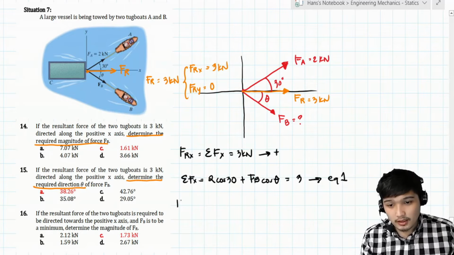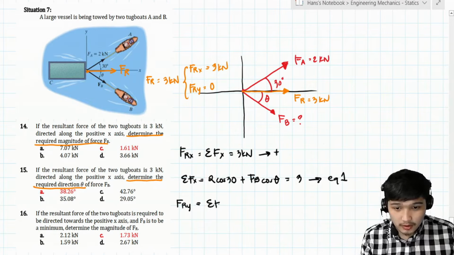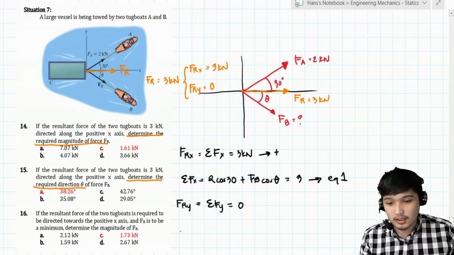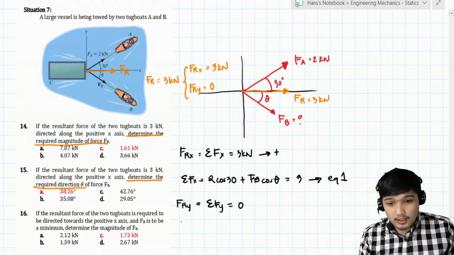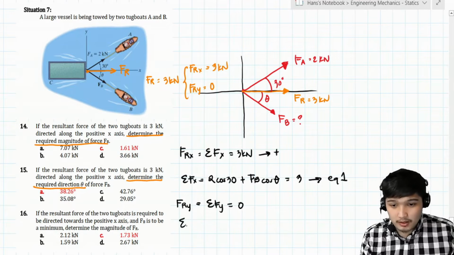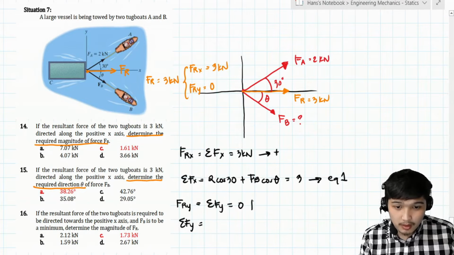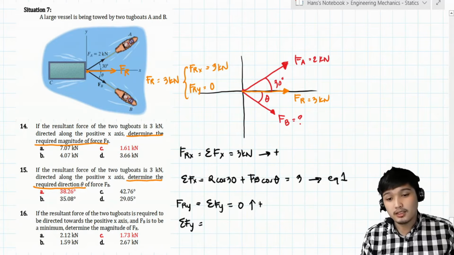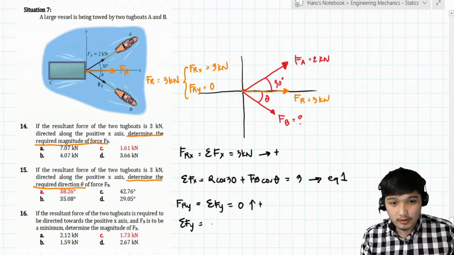Next, FRY is equal sa summation ng mga forces along Y. And this one must be equal sa 0. So that summation ng forces along Y, considering the figure is yung FA positive. So considering force upward positive ha. So yan, summation of force along Y. So yung FA positive 2 sine of 30.